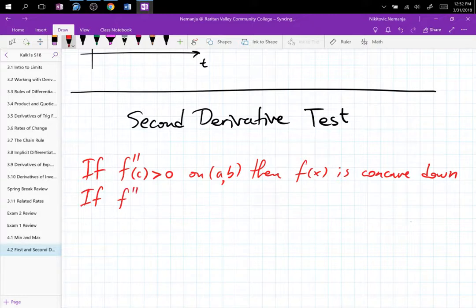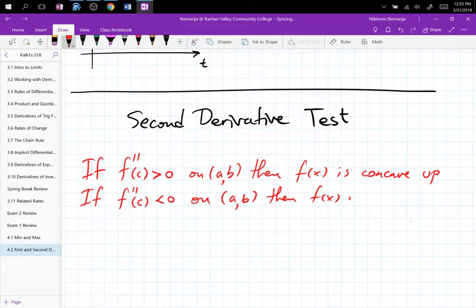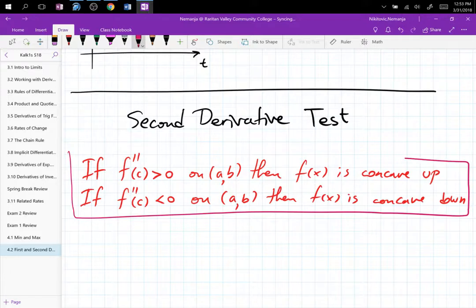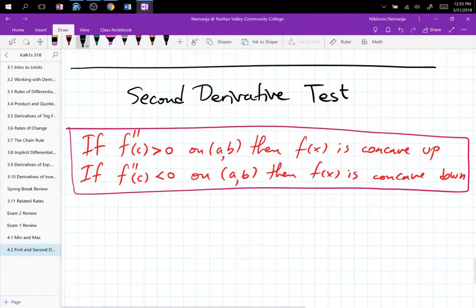If f double prime, the second derivative of f, is less than 0 on interval AB, which is your partition, then f of x is concave down. This is your second derivative test.